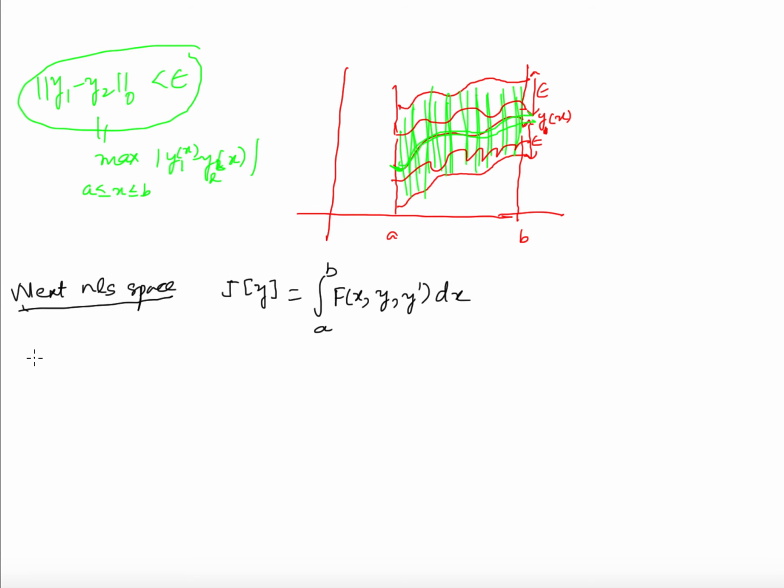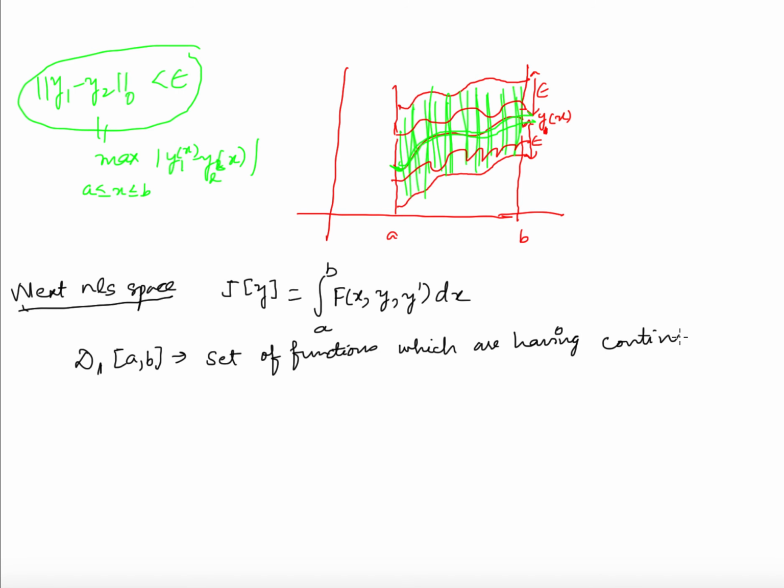So that thing I'll denote with D1[a,b]. D1 stands for first derivative; [a,b], this is the set of functions which are having continuous first order derivatives.